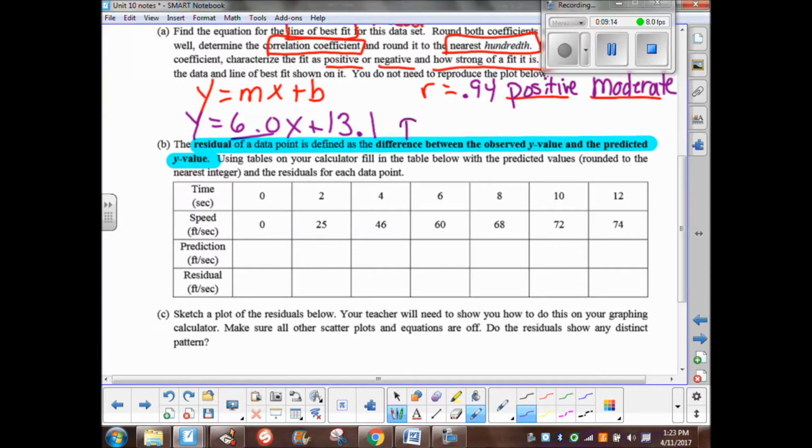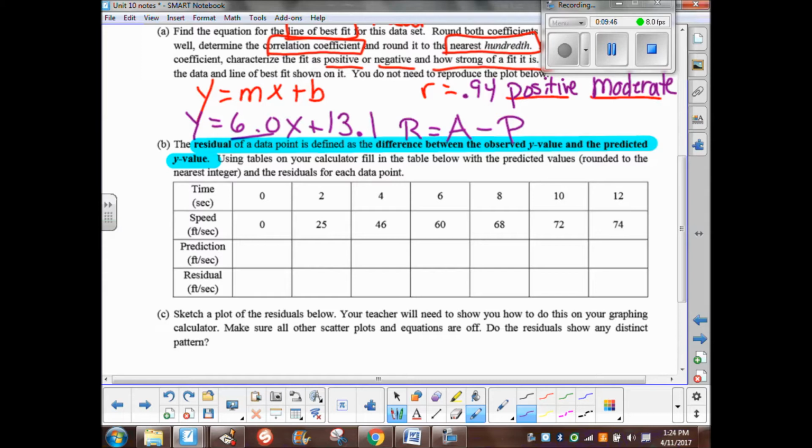I'm going to call the observed the actual, A, minus the predicted, P. So a residual is the actual data point minus the predicted data point. The prediction comes from our equation.